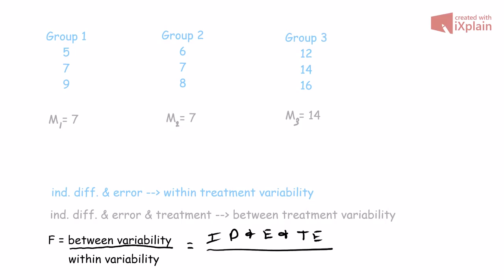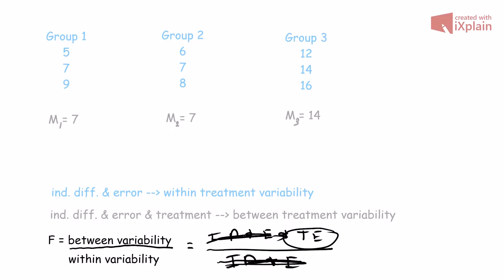Variability within has in it individual differences and error. So conceptually what we're doing is we're going to cancel out the bad stuff in the numerator with the bad stuff in the denominator. And what we'll be left with is just the treatment effect.